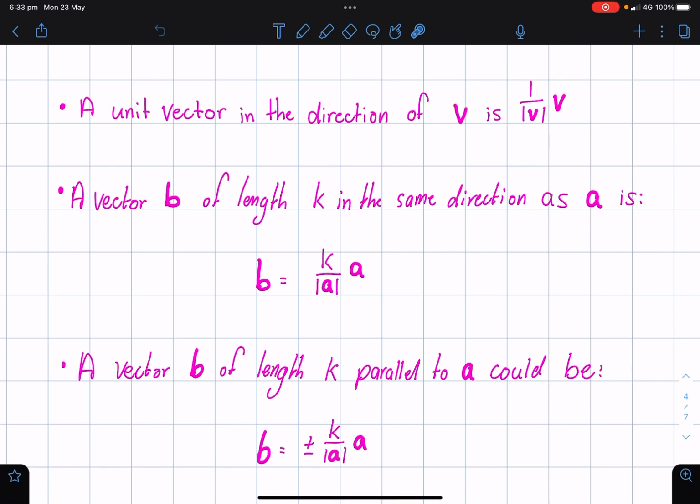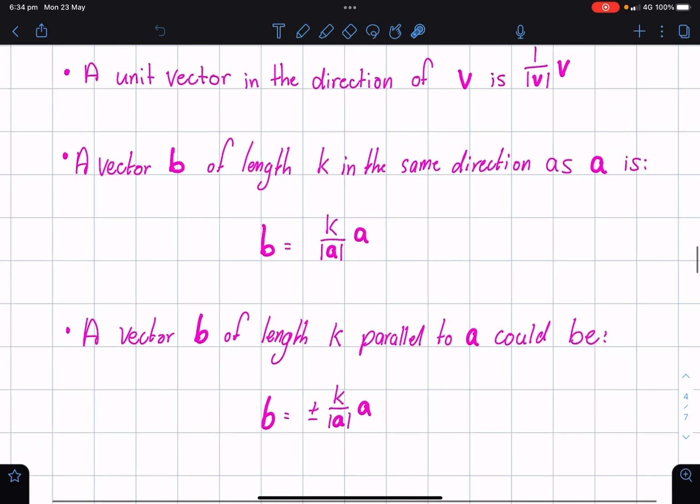Now, a vector b of length k that's just parallel, not in the same direction, could be vector b equals plus or minus k over the magnitude of vector a, times vector a. So this one here is in the same direction, and this one there could be parallel. Two very distinct, different results.